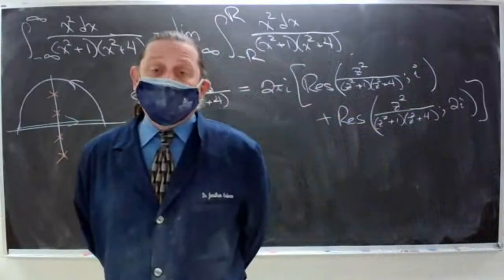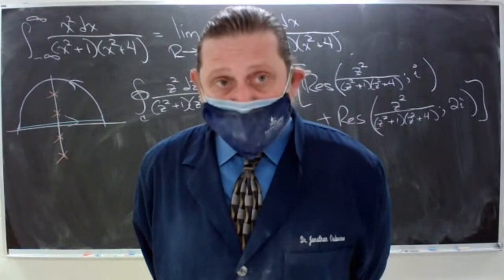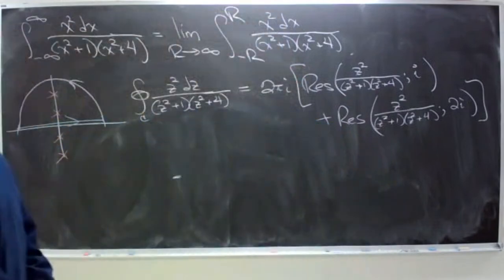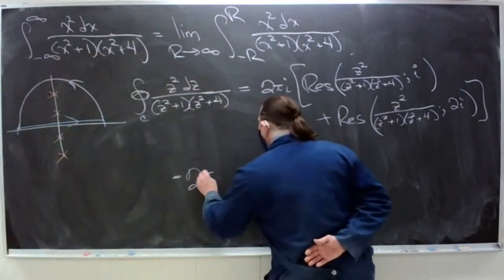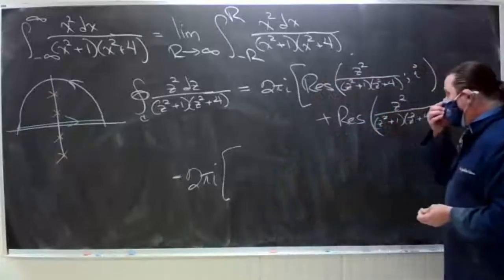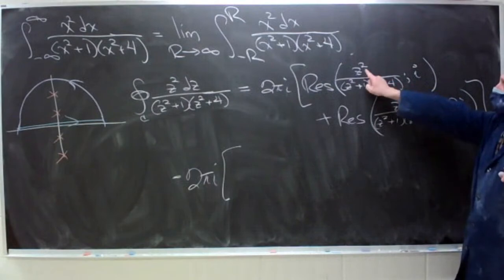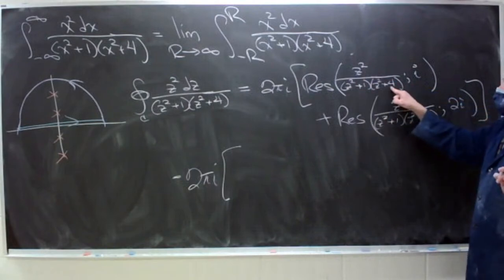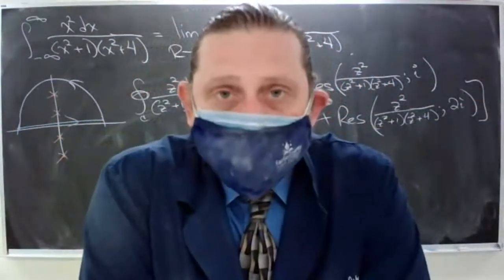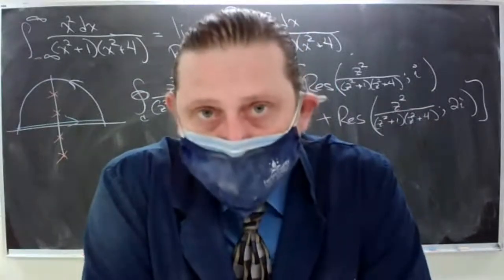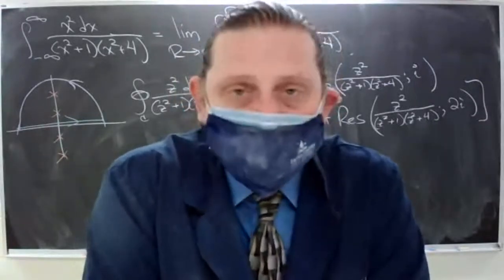Because if I don't take the derivative of the z minus i, then in the limit as z approaches i, the z minus i will just nullify that contribution.